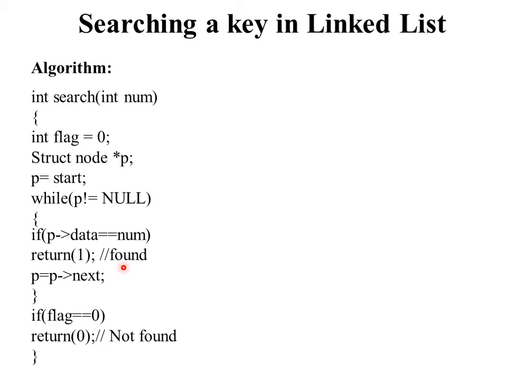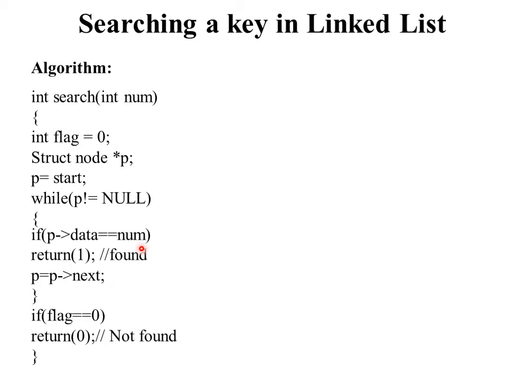If the element is not found, then we move P to the next node. So how to move P to the next node? P is equal to P points to next. So we check in the second node if data is equal to our key or our num.